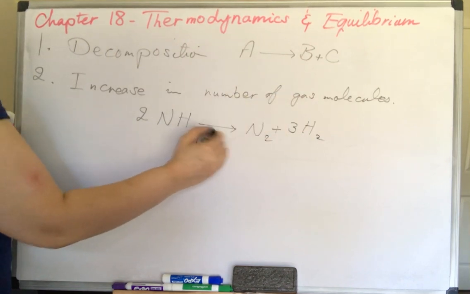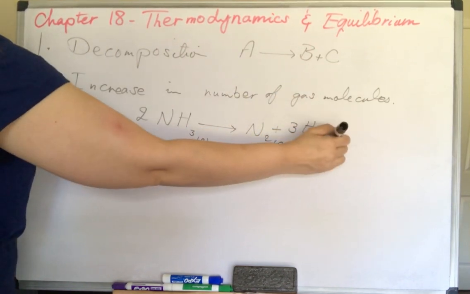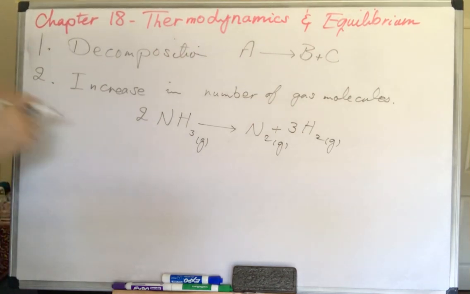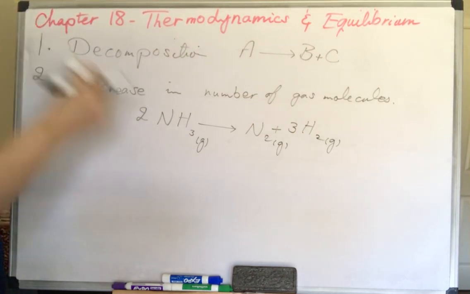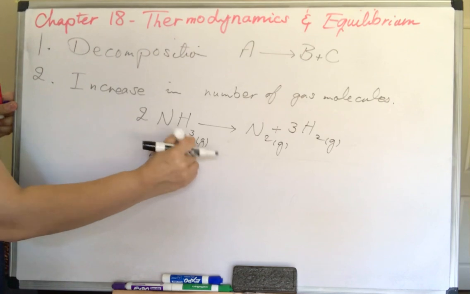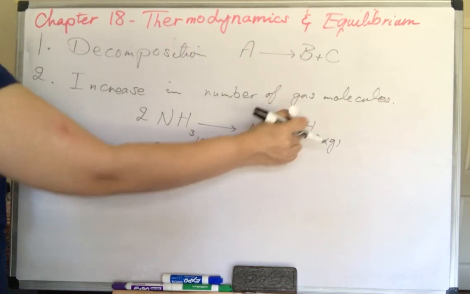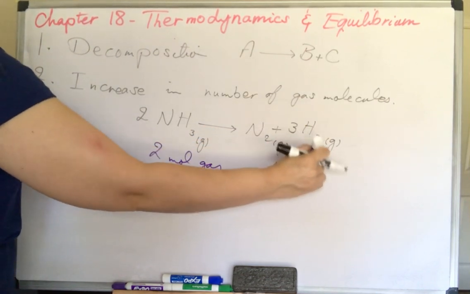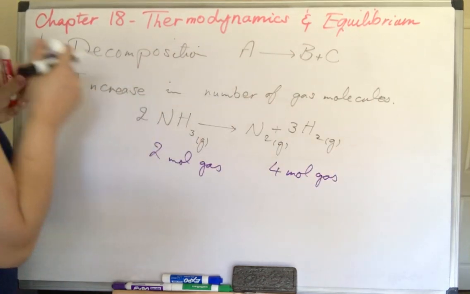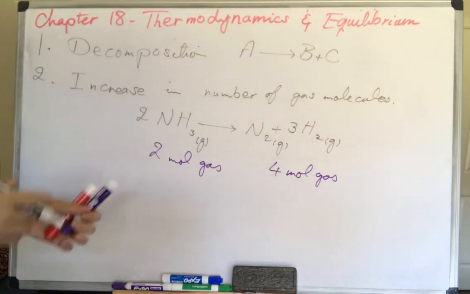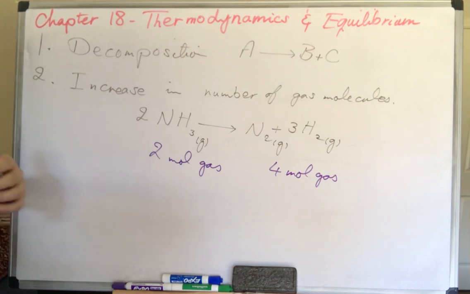All of them are gas. So how many moles of gas do you have on the left side? 2. But you have 4 moles of gas on the right side. And you know gases have the highest entropy because they can move fast in random directions at normal temperature, of course. So that's the second situation.